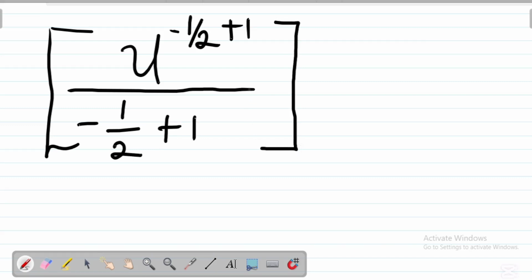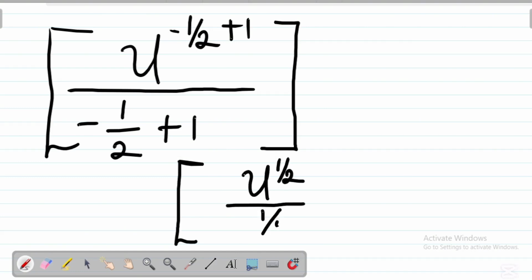Remember, in integration, you add 1 to the power and then divide by the power plus 1. So if you simplify further, you will have u raised to the power 1 all over 2 all over 1 all over 2. Because negative 1 all over 2 plus 1 is 1 all over 2.